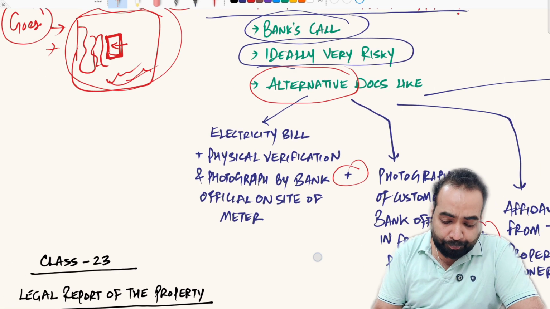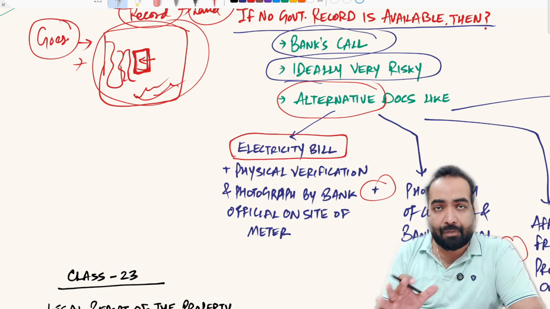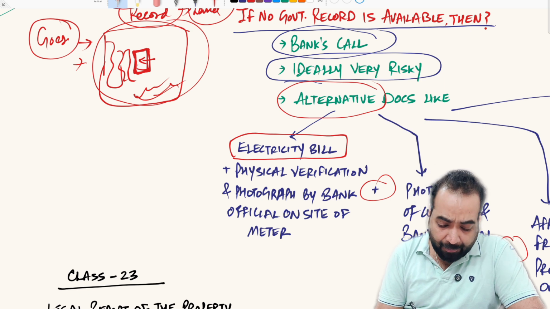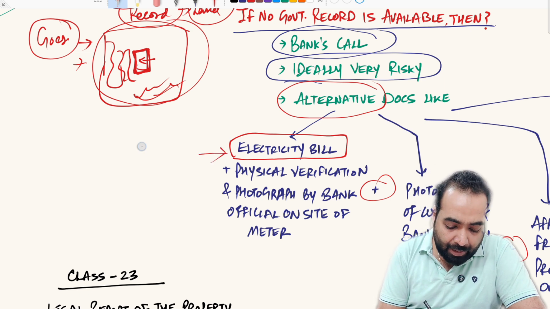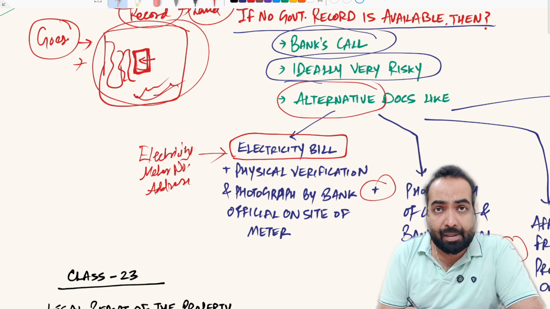So what are those things? The banks take the electricity bill of the property. If that is a built up property, the electricity bill is taken. In the electricity bill, the electricity meter number and the address are mentioned.